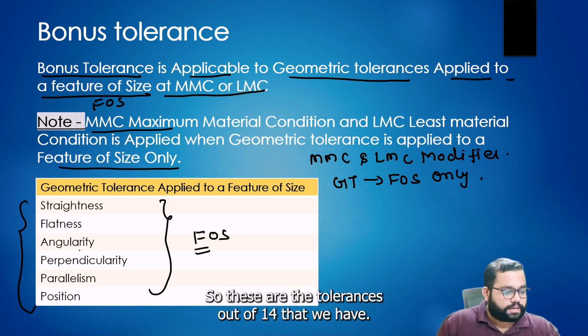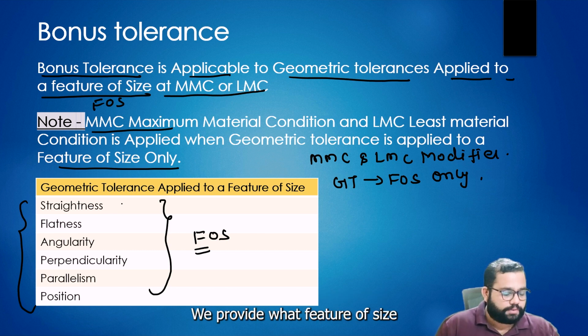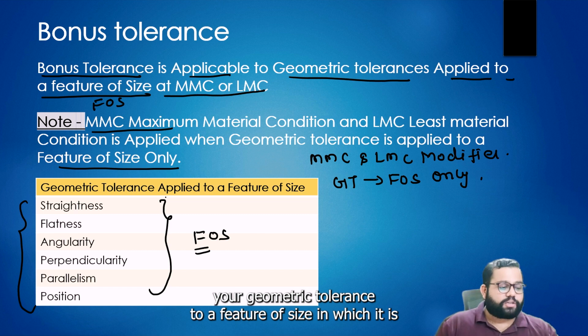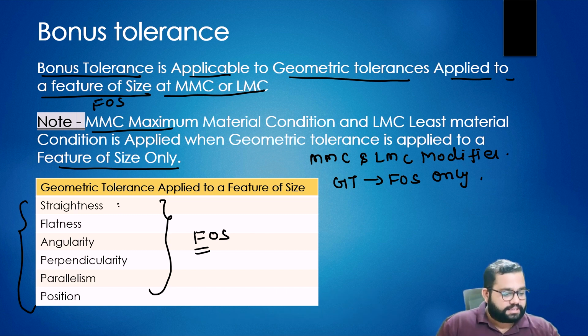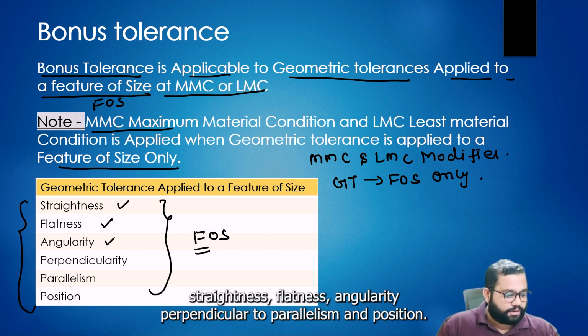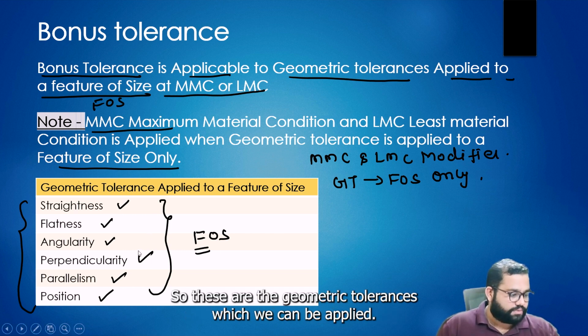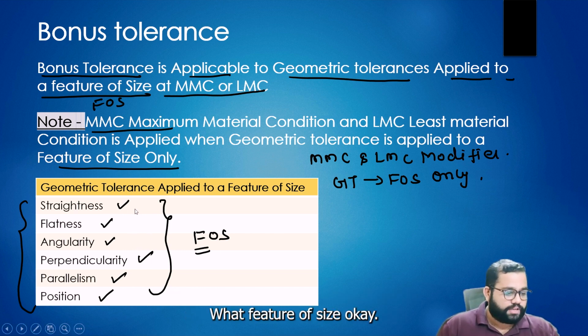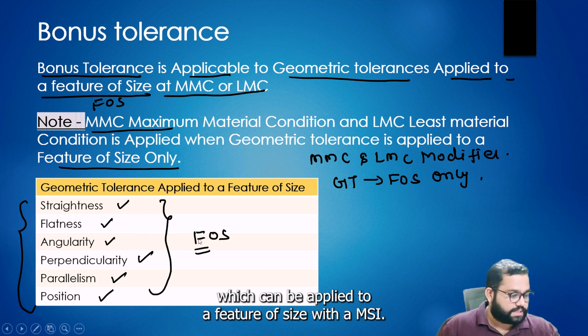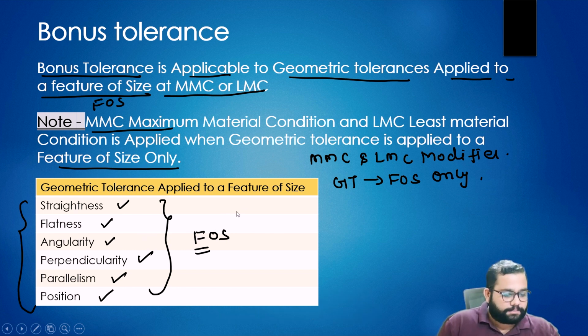So these are the tolerances out of 14 that we provide to a feature of size: straightness, flatness, angularity, perpendicularity, parallelism, and position.